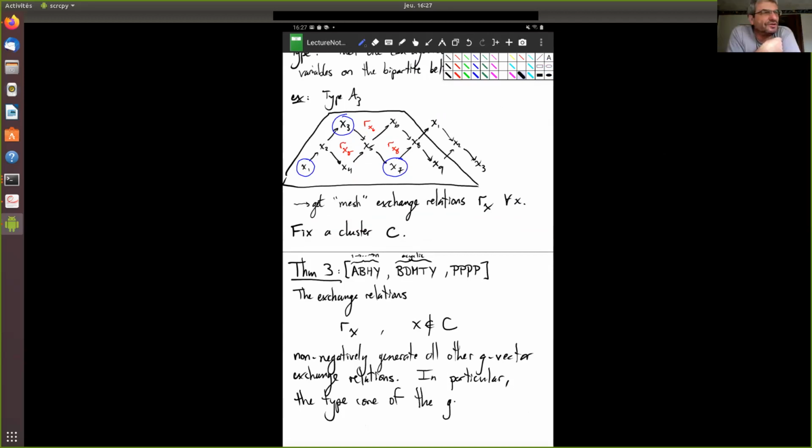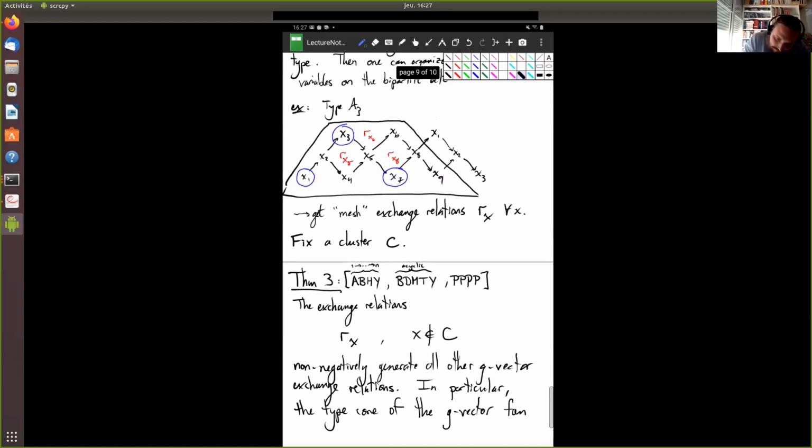My apologies. Could you remind again how, for example, Rx5 looks like? Yes. So Rx5, let me write it above. Rx5 is a relation for the G vectors. And this tells you that the sum of the extreme G vectors, so let's say G2 plus G5, the G vector of X2 plus the G vector of X5 is equal to the sum in the middle, G3 plus G4.